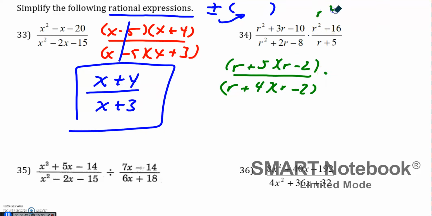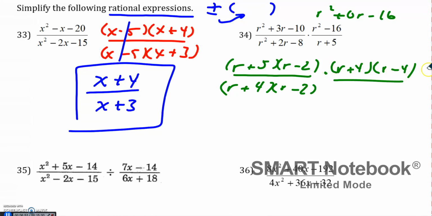This is really r squared plus 0r minus 16. So two numbers that multiply to be -16 and add to be 0 is +4 and -4. And then this piece does not have a squared, so I cannot factor it, but I'll put parentheses around it because I noticed that we can cancel top and bottom a few things, and we can even cancel diagonally.